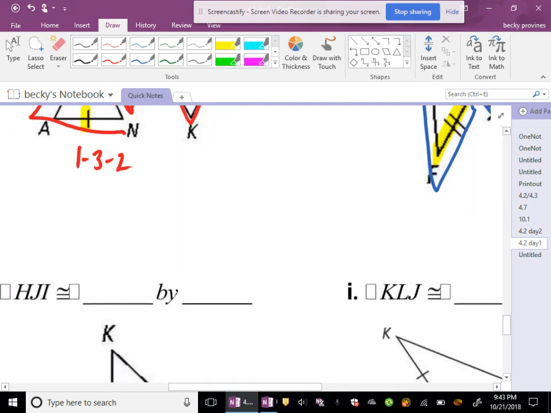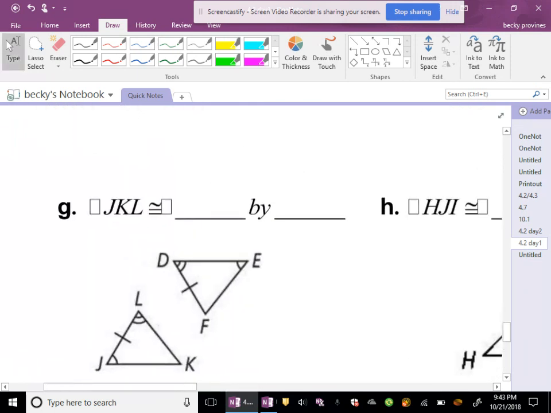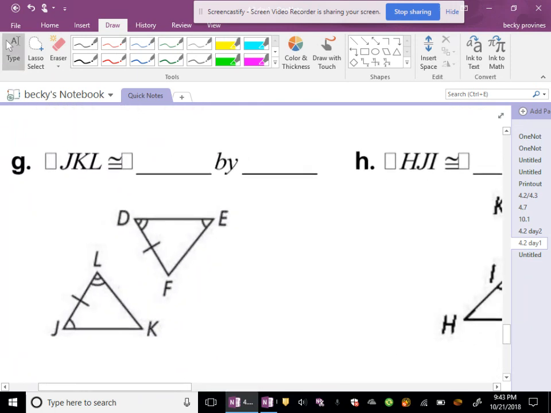All right, let's keep going. Make them triangles. Okay, so when you're doing this one, I see 3 pieces of info given, and I have 2 angles and a side. So try to decide if it works. Hopefully you're seeing a little bit of a problem.